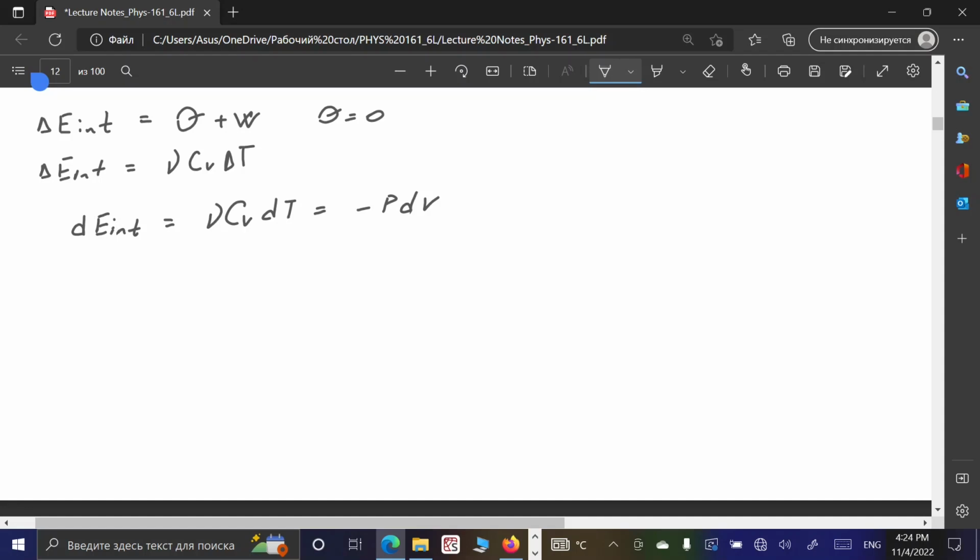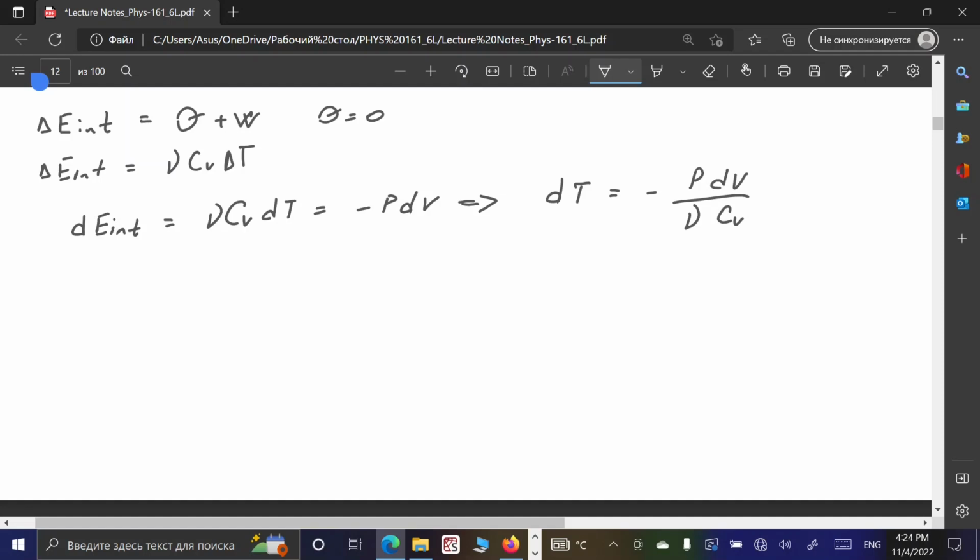Now let us rearrange this in such a way which will help us get the differential equation describing the relationship between pressure and volume in the adiabatic process. What we need to do: from here, we can express dT. dT will be equal to minus P times dV divided by nu times Cv.